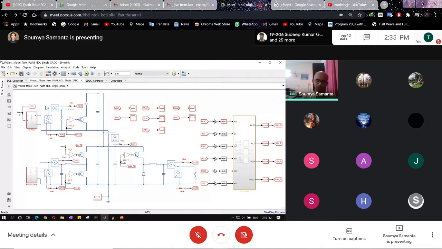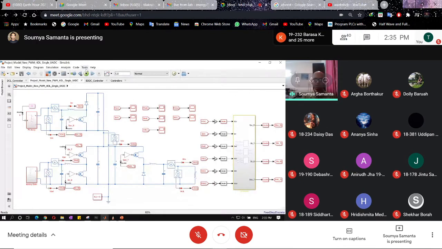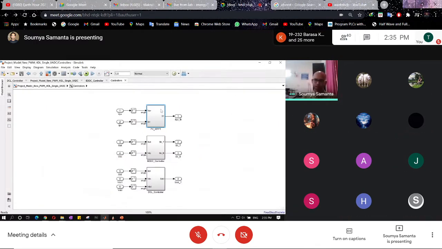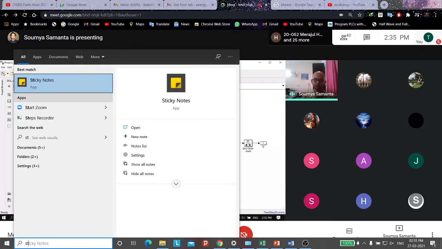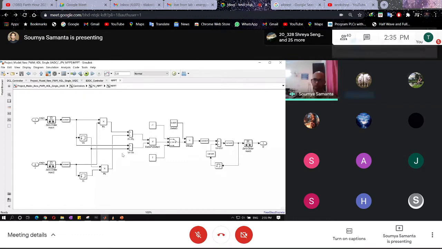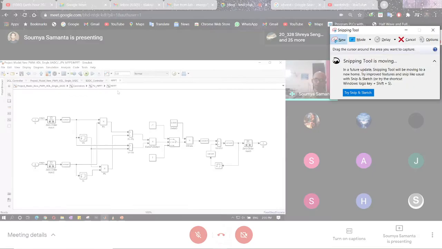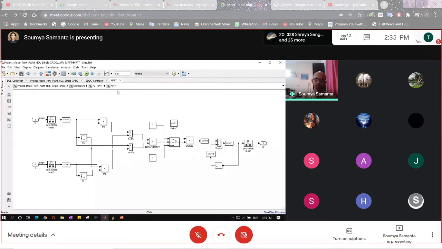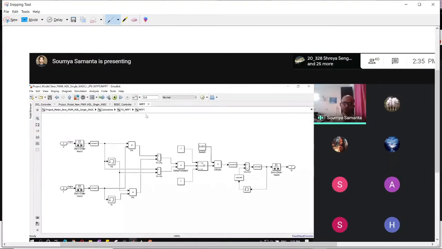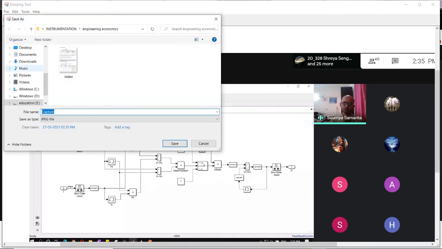Now you can see we have designed the whole control system here. This is the MPPT controller that we talked about. Then the PWM is generated. This is how digital PWM has been generated, basically the same comparator part.